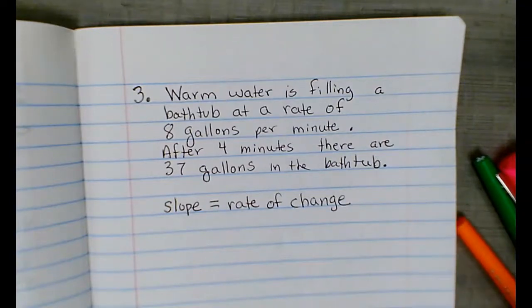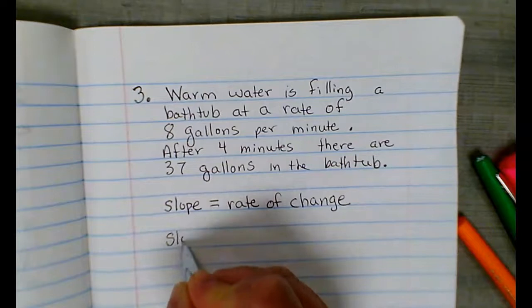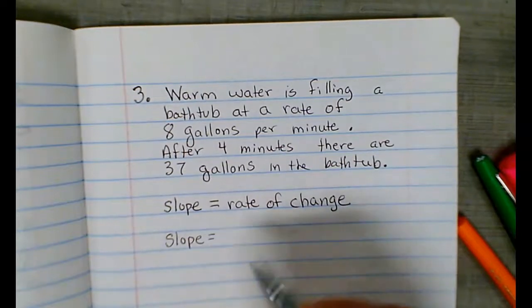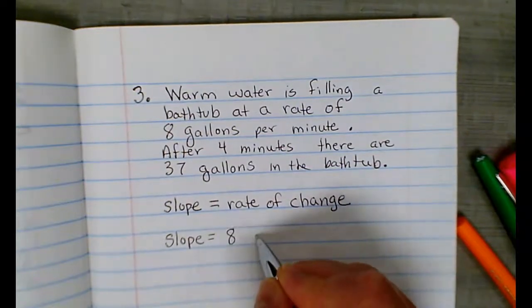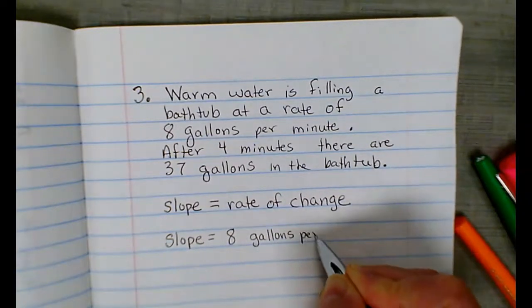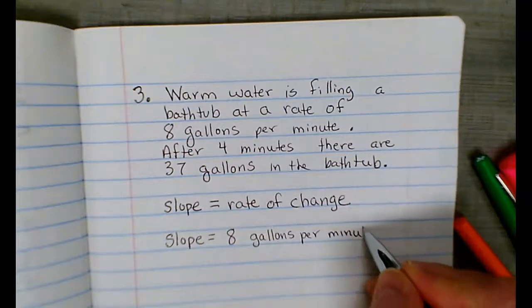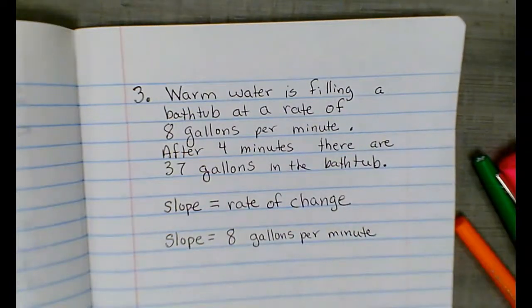What is the rate of the water? So the slope is the rate of change of the water. The slope is 8 gallons per minute. Not just 8 gallons. 8 gallons per minute. That's how much it's changing.